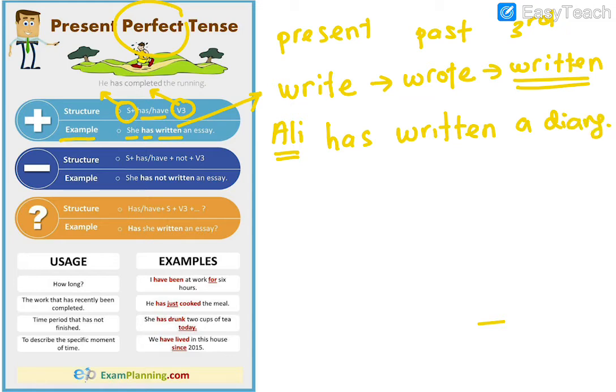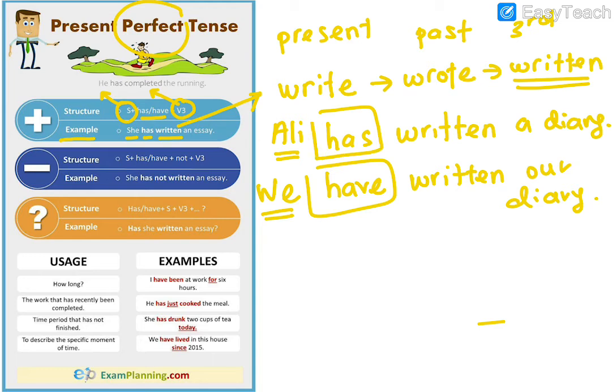Okay, like that. So if the subject is plural, we is plural, so then you use have. We have written our diary. Okay, so you have the subject, you have the key for perfect tense, and then your verb in the third participle.